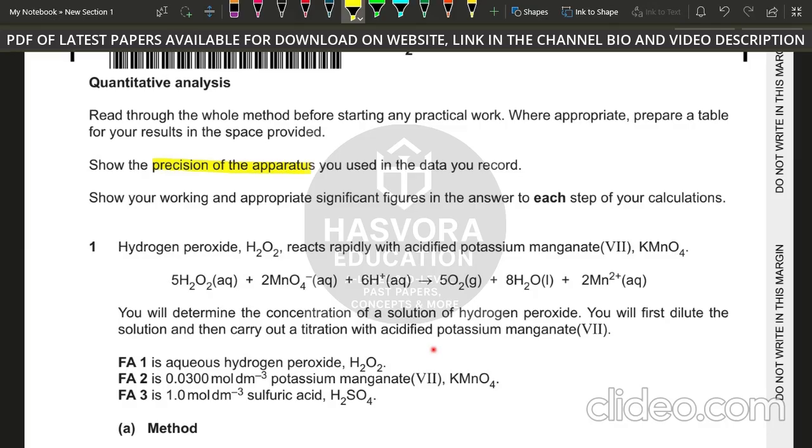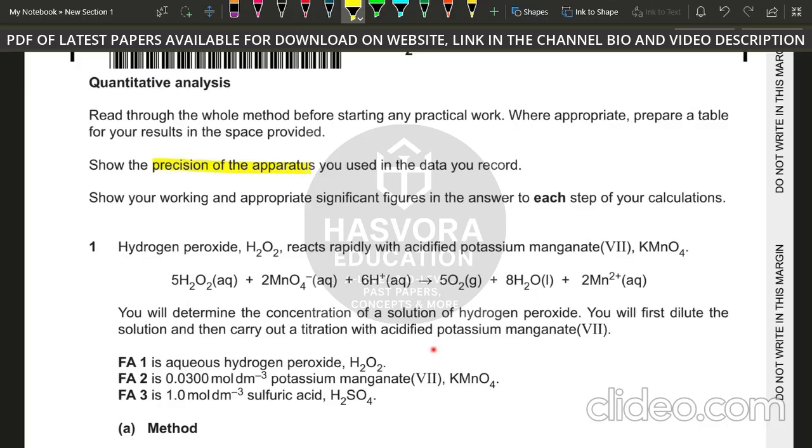For example, if I have a mass of 0.6, I'm going to record it to 2 decimal places, like 0.60. That is how you show the precision.